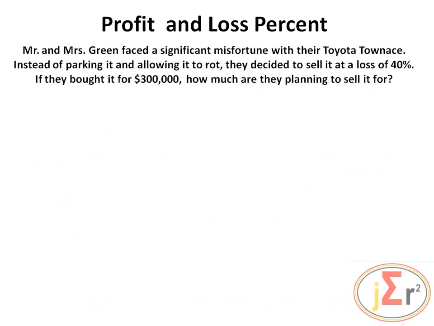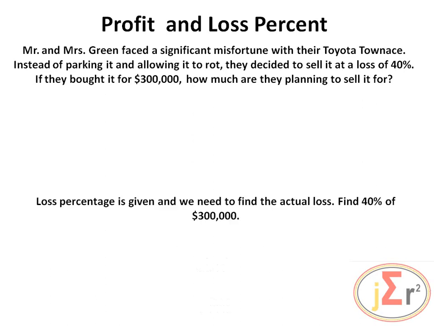Mr. and Mrs. Green faced a significant misfortune with their Toyota Town Ace. Instead of parking it and allowing it to rot, they decided to sell it at a loss of 40%. If they bought it for $300,000, how much are they planning to sell it for?